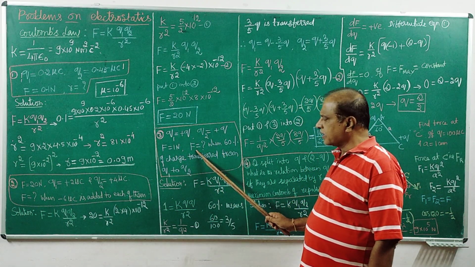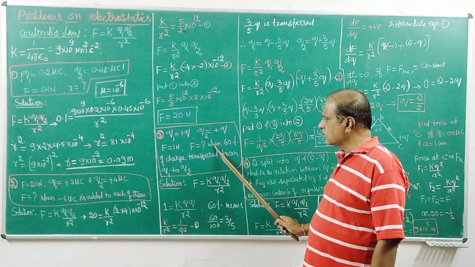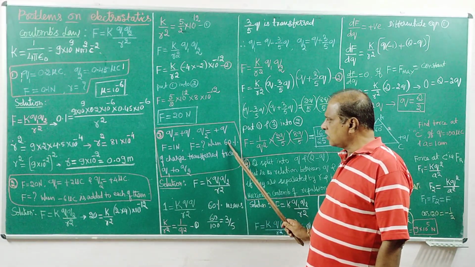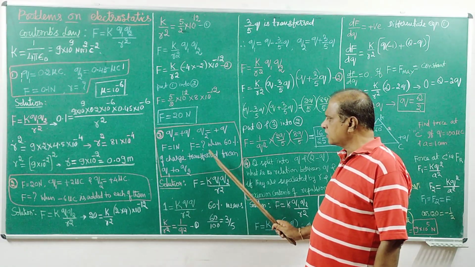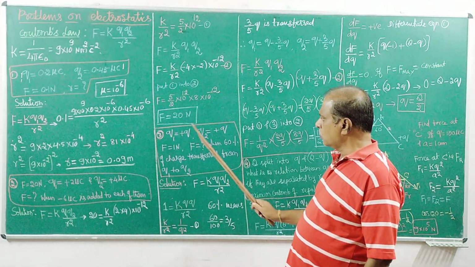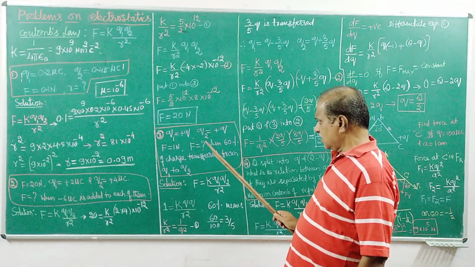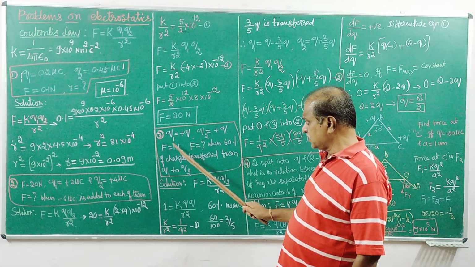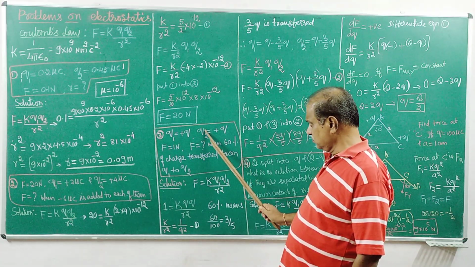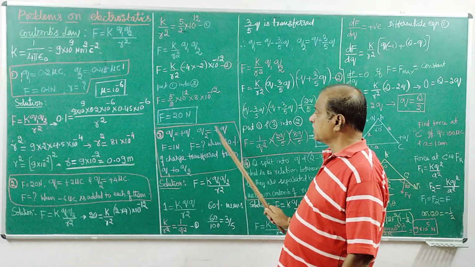You are supposed to calculate the force when 60% of the charge is transferred from Q1 to Q2. If you transfer 60% of the magnitude of this charge into this, what is the force exerted between those two resulting charges?